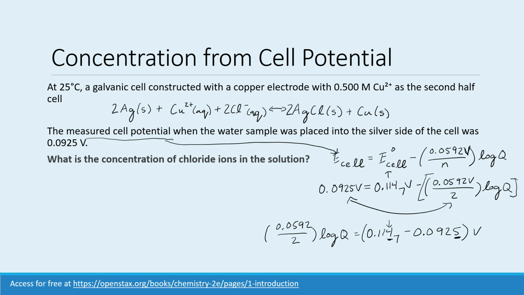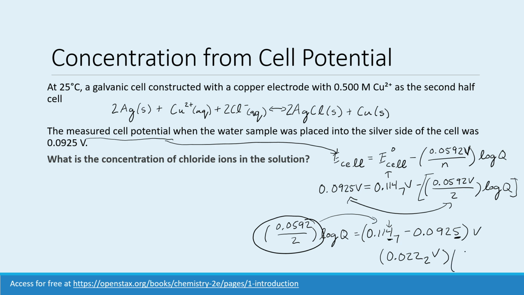This one's 4 decimal places out, so we want to only go 3 decimal places out and carry that extra digit. And so the difference between those two, we should get 0.022, 3 decimal places out, and then you've got an extra 2 hanging there, and again in volts.